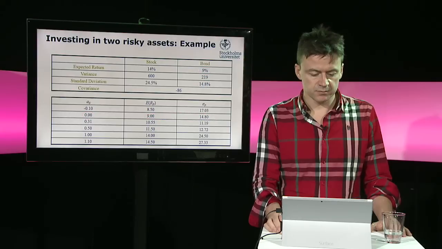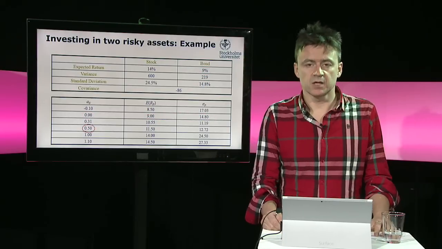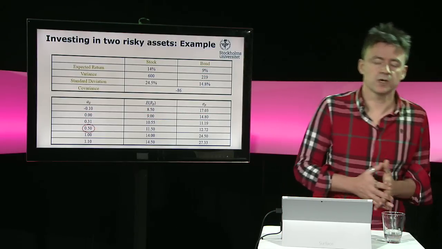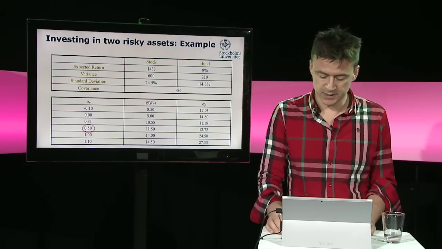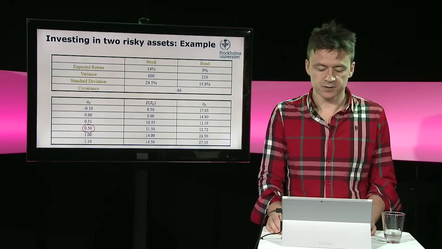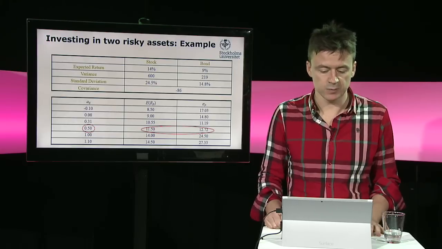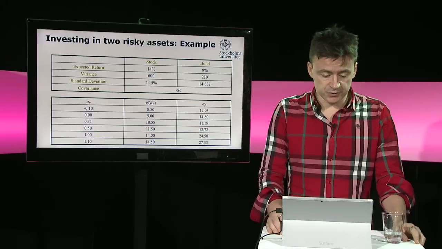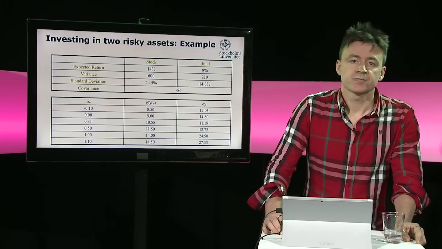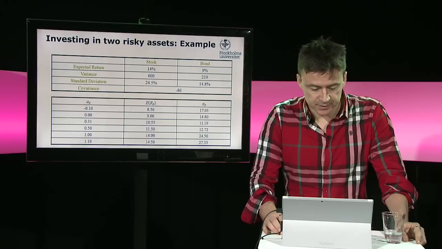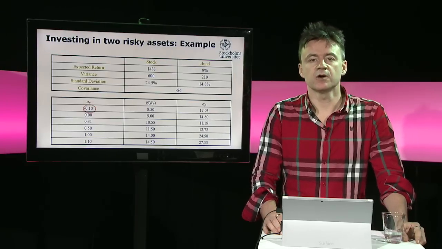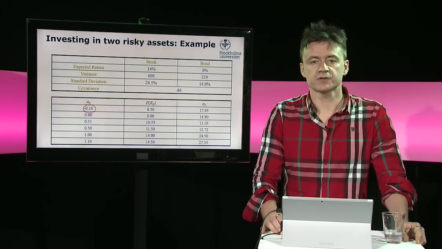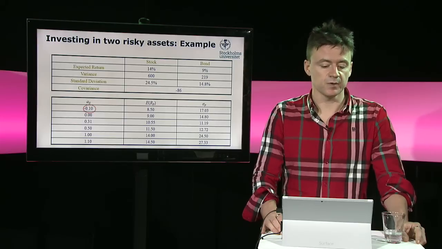Also, we could consider a portfolio that invests 50% of our wealth in each one of these two financial assets. In that case, we would obtain, with the numbers that we have in this example, that the expected return of this portfolio is 11.50 and the standard deviation is 12.72. We could also consider positions that imply short selling one of the financial assets. For example, we could specify the weight of the stock as equal to minus 0.10.